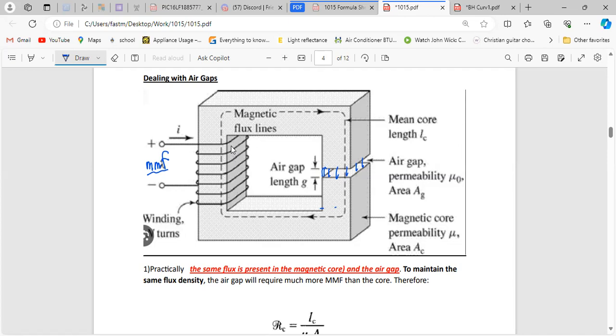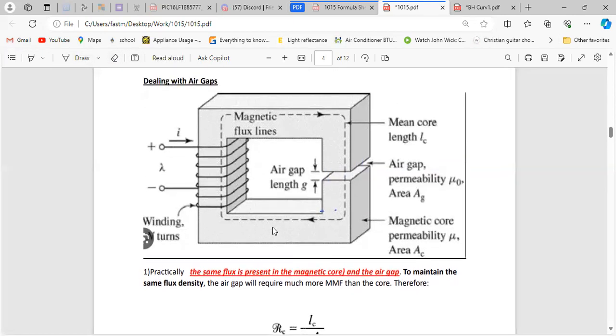Once you add an air gap, just expect a very high MMF in the calculations, because the reluctance in the core is very small compared to the reluctance in the air gap. The core is more accepting of flux going through it than air.